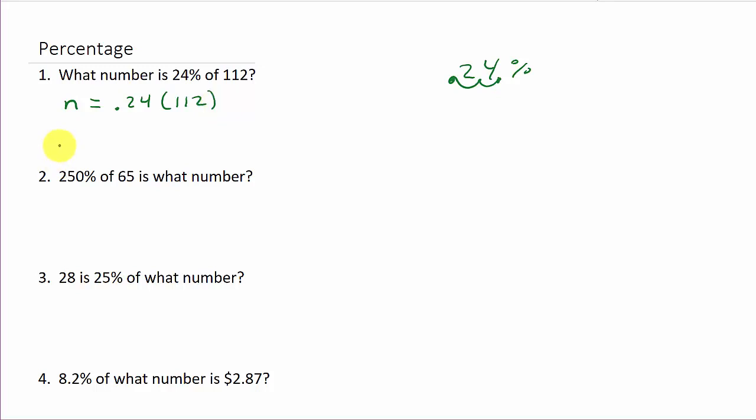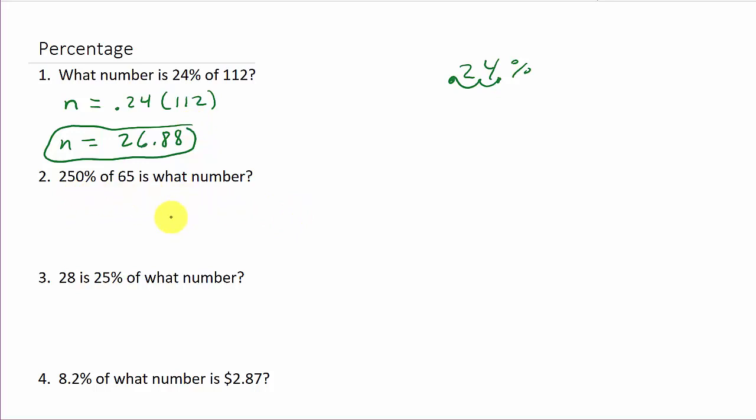And so here we get n is equal to 0.24 times 112, and that is 26.88. And this would be your answer. So see, all you're doing is just writing what it says. So pause the video and try this one.